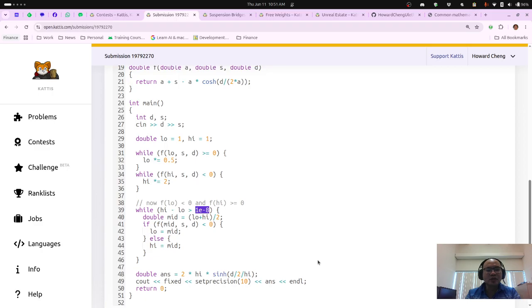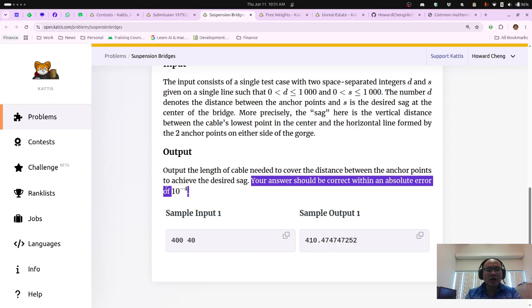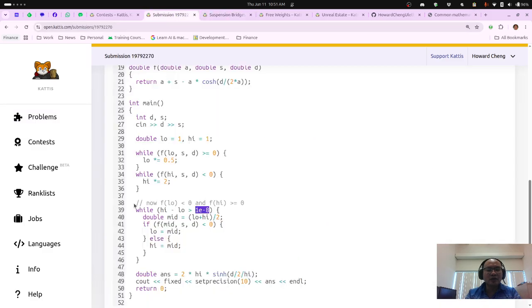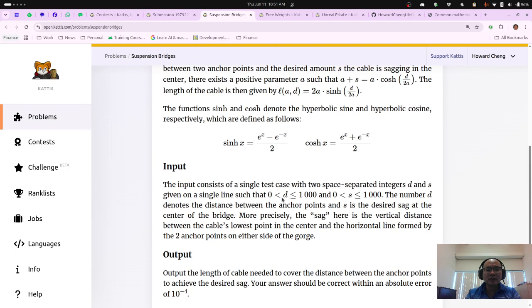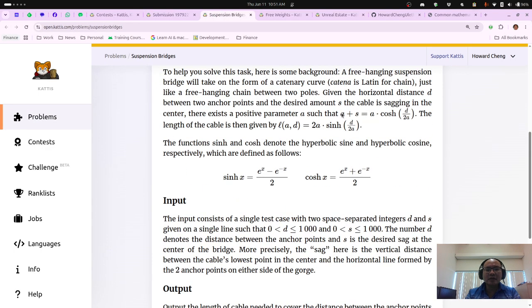So what just happened? While I made sure that my answer is correct up to 8 digits, what am I actually solving here? I am solving for A. A might be correct up to 8 digits, but that's not the answer that I need.